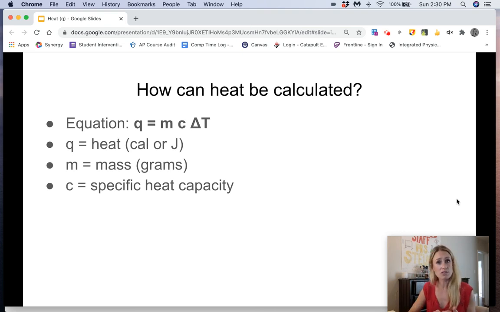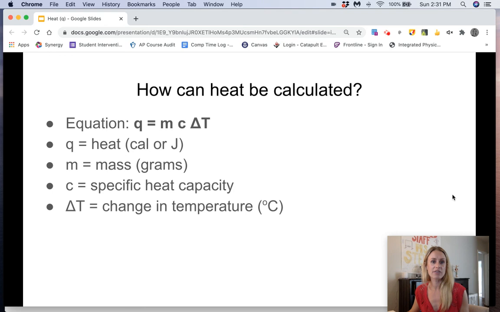You'll see it in joules per gram degree Celsius. You'll see it in calories per gram Kelvin, and joules per gram Kelvin. So there's all different types of specific heat capacity units, and they have to do with just what the heat unit is in and also what the temperature unit is in. And when I do some examples, I'll explain that again.